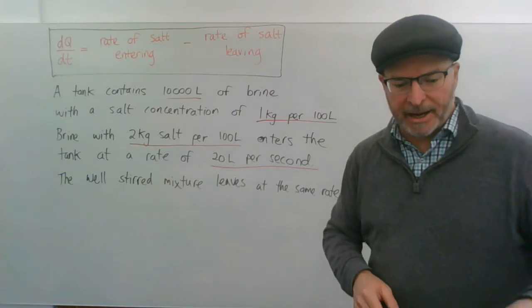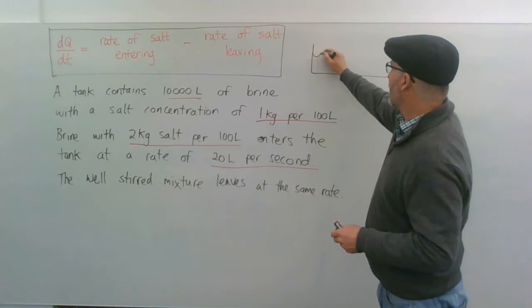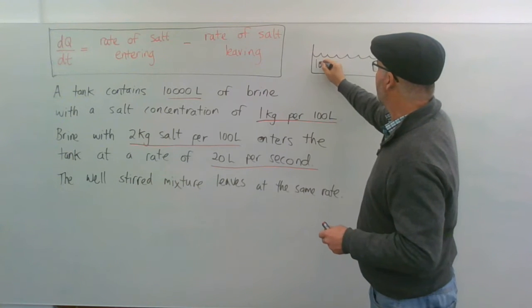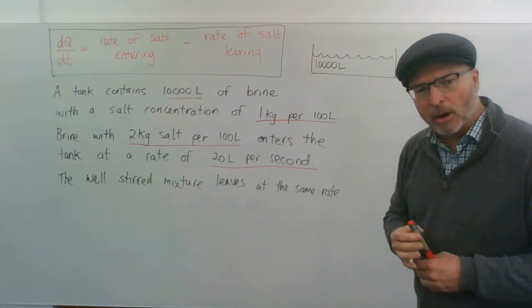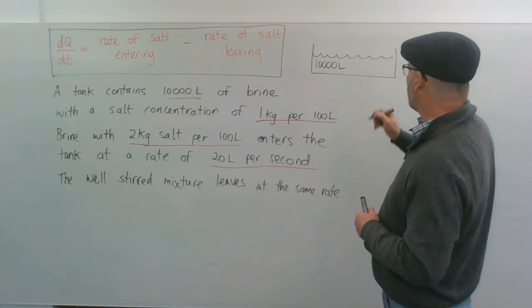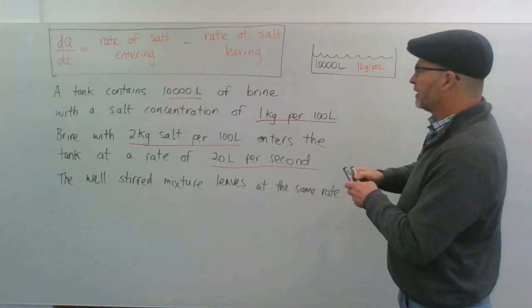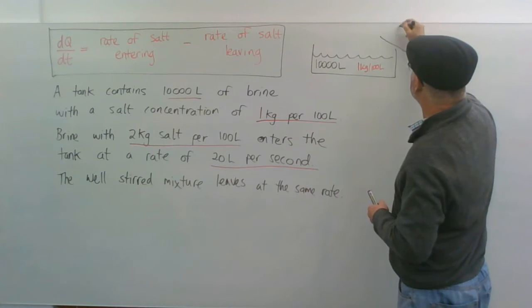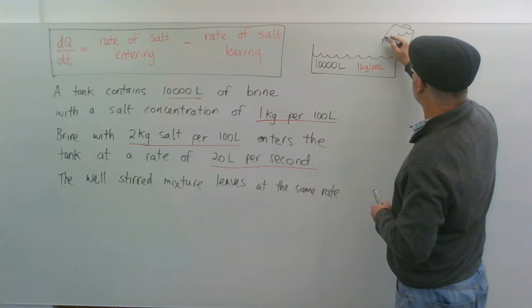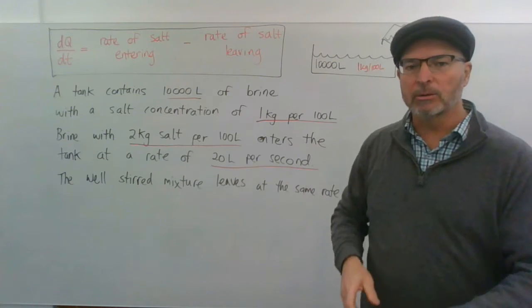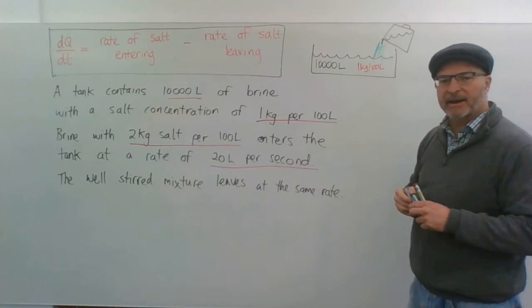we've got a container, and the container has 10,000 litres of salt water, and the salt in there is at 1 kilogram per 100 litres. And we're pouring in salt water. So salt is coming in because we care about the amount of salt.